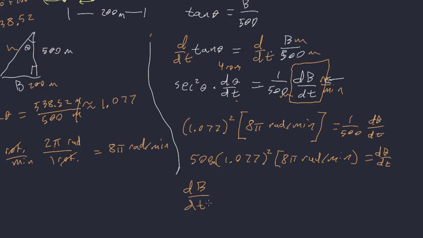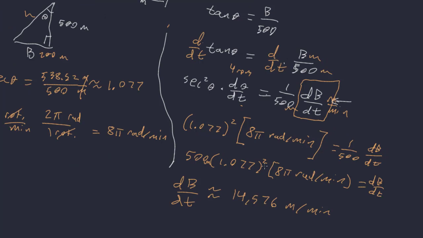So dB by dt is going to be about 14,576 meters per minute, which sounds like a lot, but to put that in context, that's about 14.576 kilometers per minute.